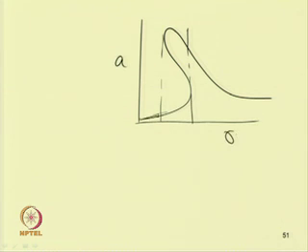Up to this value we have a single response, and in this range we have 1, 2 and 3 responses, out of which one can observe that this part is unstable, this part is stable and this branch is stable. So, we have 2 stable branches, and after this we have a single stable branch.